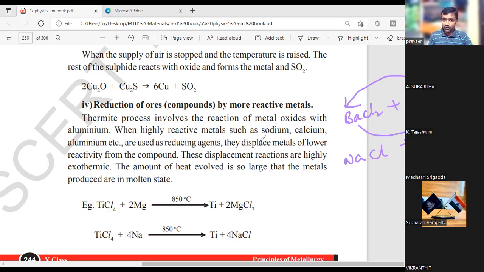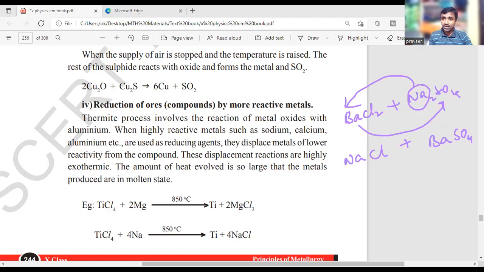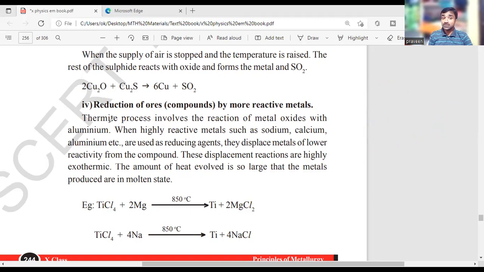Yes. So that type of reaction we carry out here by providing heat energy, right? That process is called the thermite process. The thermite process involves the reaction of metal oxide with aluminum. Remember this: it is especially about aluminum, not about other metals, right?